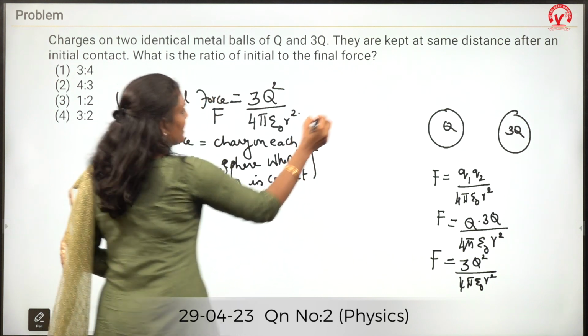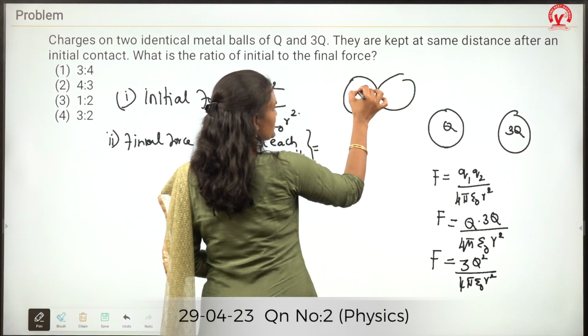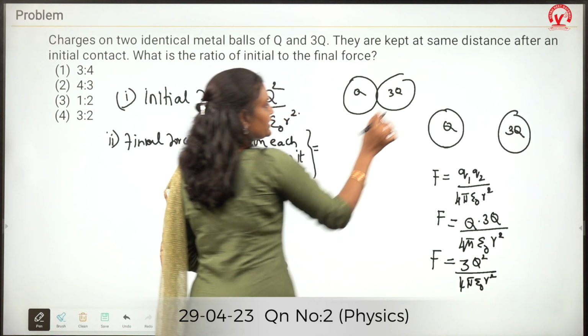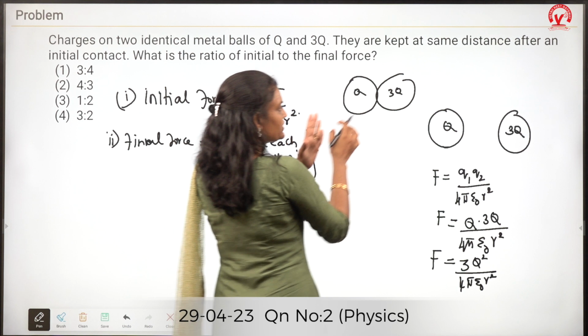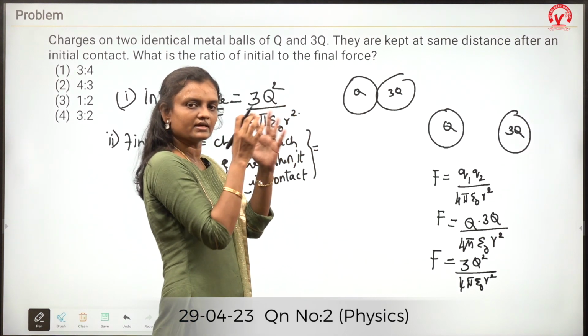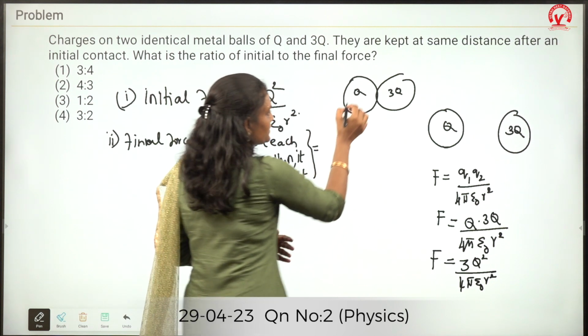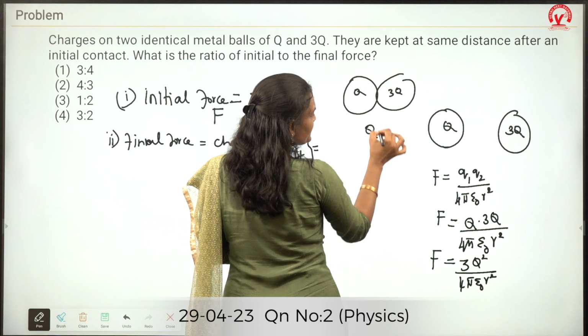Here again I take the two charges Q and 3Q and keep them in contact. If you keep the two charges in contact, the charge is split into equal amounts.